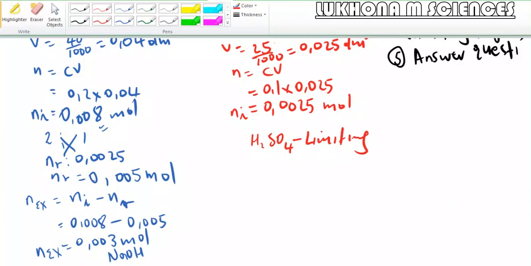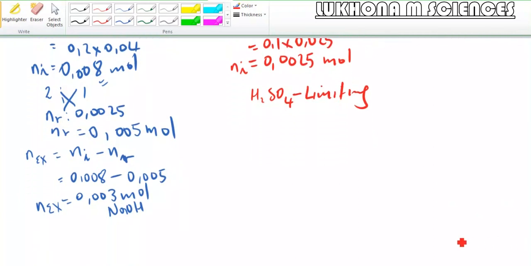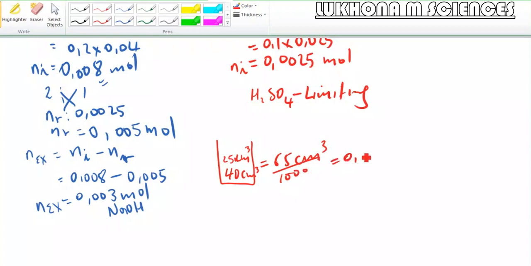Now we are going to use the number of moles in excess to get the concentration of the solution. Remember that we pour the 25 cm cube and the 40 cm cube, meaning the total volume is 65 centimeter cube in that container. Then we divide by 1000 to get 0,065 dm cube.